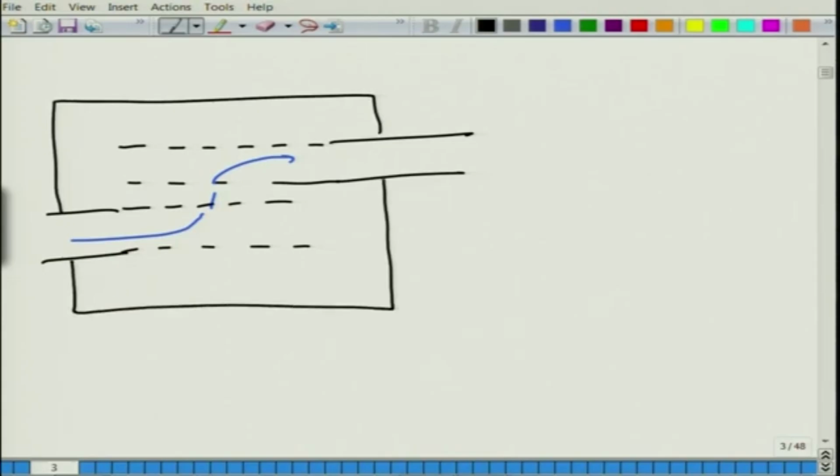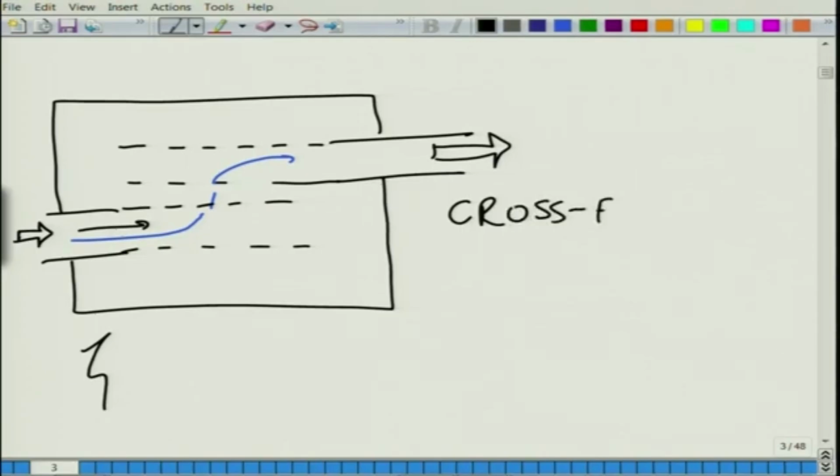We will worry about that somewhat later. The flow has to necessarily cross from one perforated pipe through another one, perhaps in an overlapping section, and that is why this zeta for this cross flow configuration becomes important.